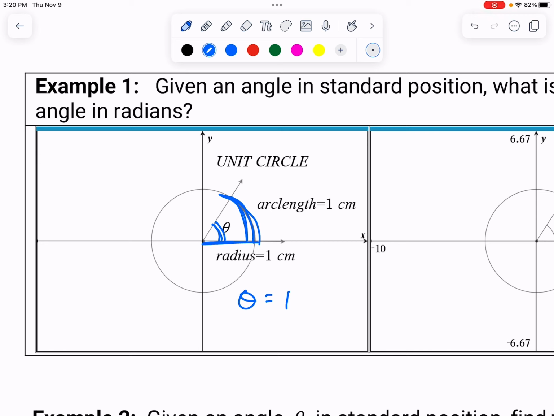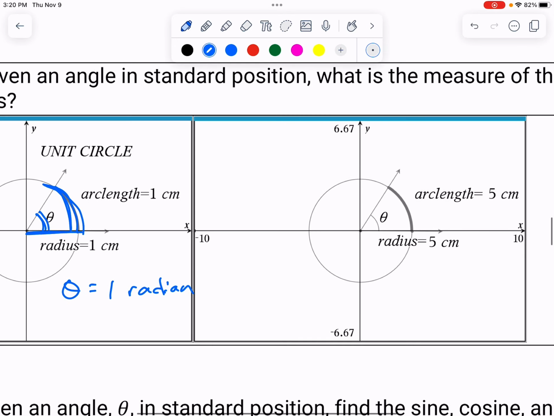And we probably talked about the fact that if I don't label it, its default is radian. So I can write out the word 1 radian, and sometimes that's helpful so you know what I'm talking about. But if I don't write the word radian, it's implied to be radian. And so over here, on this one too, the radius and the arc length are the same, so theta is equal to 1 radian.